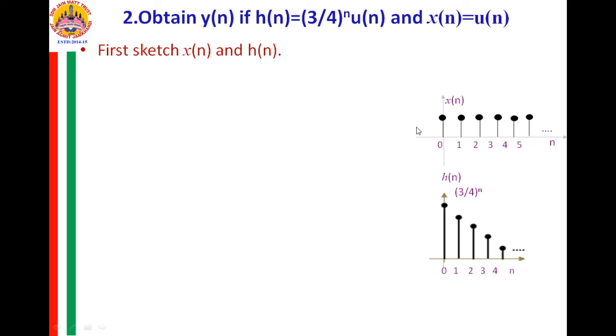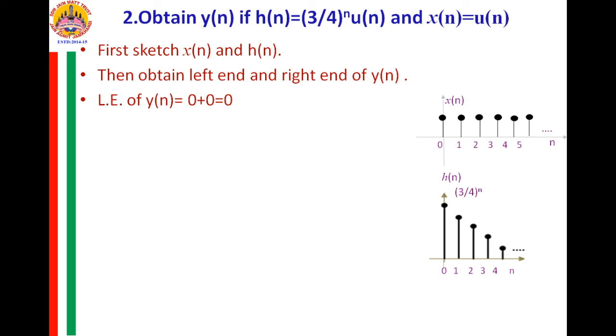What are your observations, what is the left end of y of n and the right end of y of n? The left end is 0 and the right end is infinity, because the left end of x of n and h of n both is 0, therefore, the left end of y of n is also 0, and the right end of y of n is infinity, because both of these are infinite.